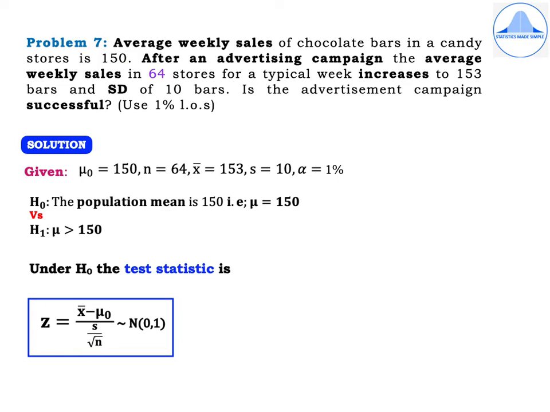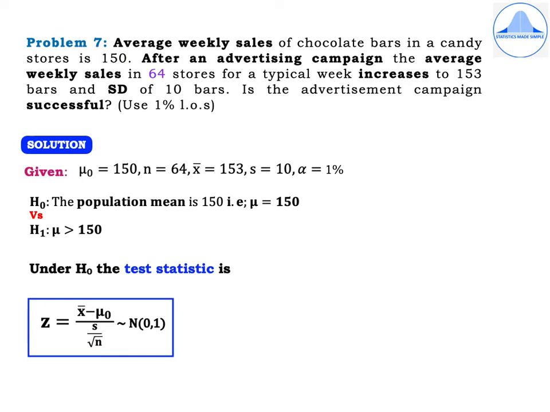Now, this problem falls in the category of test for single mean for large samples, since in the problem we have n equal to 64 and the words average and standard deviation are present. Starting with the solution, write given. From the first sentence, we know that mu naught is equal to 150 because they have said the average weekly sales of chocolate bars in a candy store is 150. That means the first sentence is with respect to the population and the word random sample is not present.